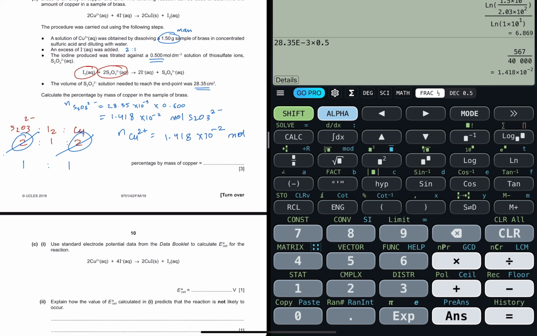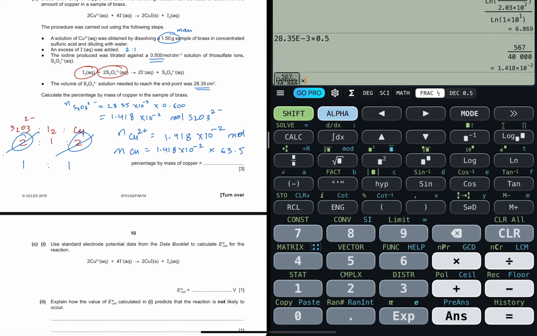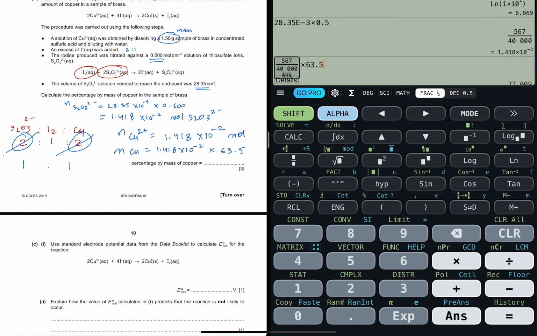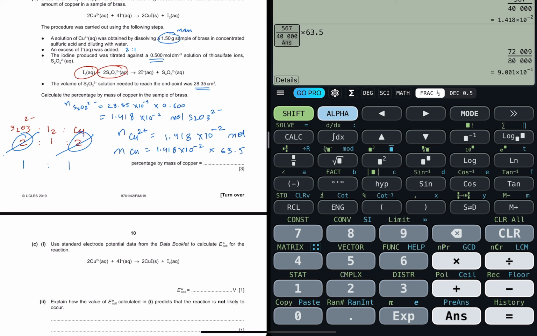Now we have to find the mass. So mass of copper is equal to 1.418 × 10^-2, which is basically your mole, times the atomic mass. Atomic mass of copper is 63.5. So that is 0.900 grams.